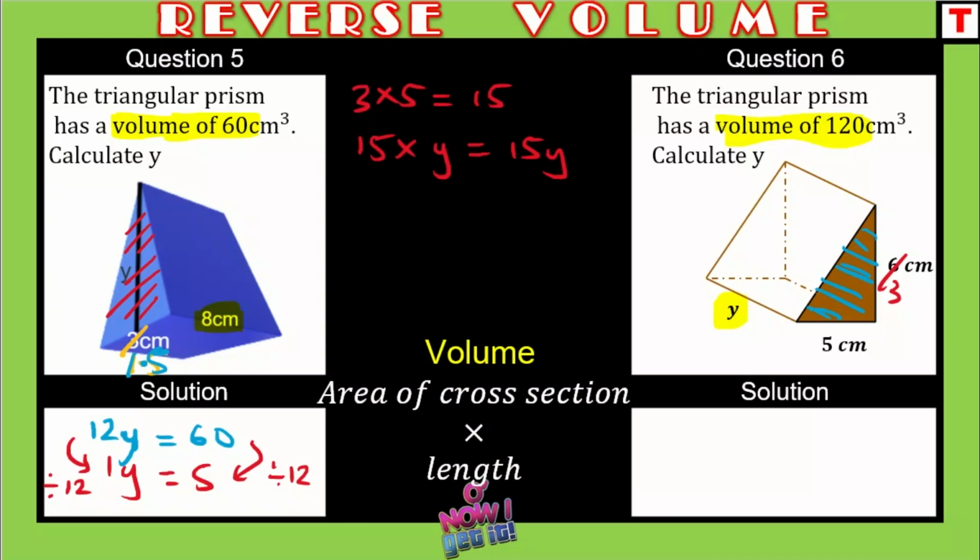So 15y is representing my volume, and I've also been told what the actual value of the volume is. So now I would have 15y is equal to the actual value of the volume, which is going to be 120 centimeter cubed. I am searching for 1y, so therefore I'm going to be dividing both sides by 15.